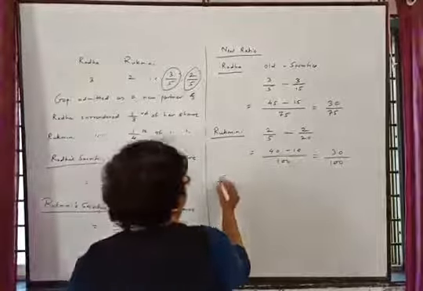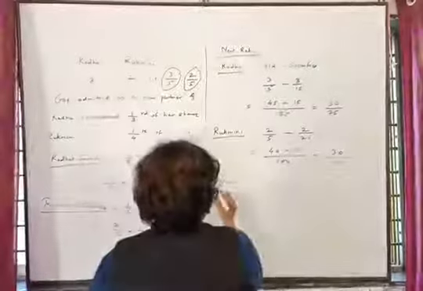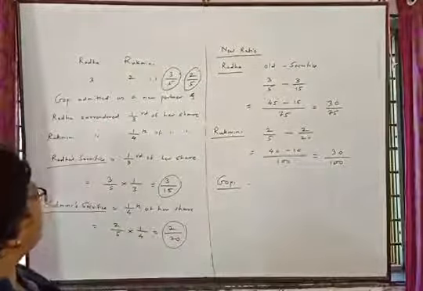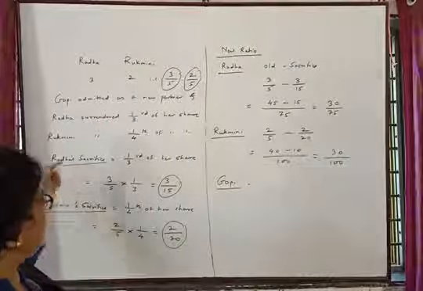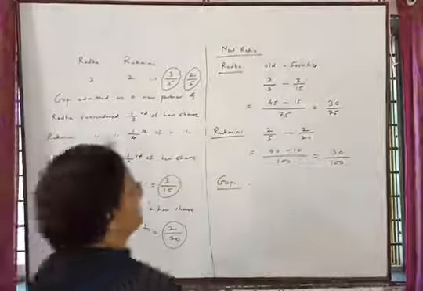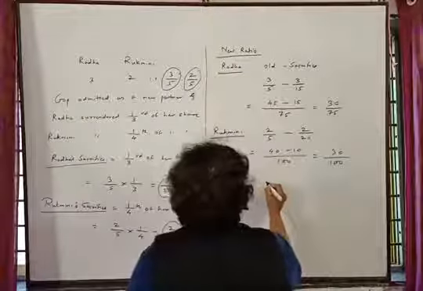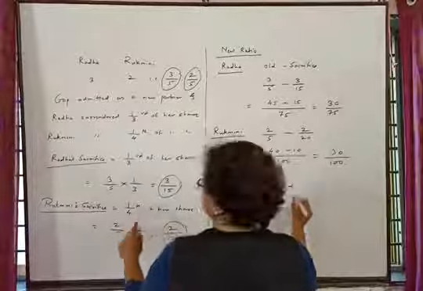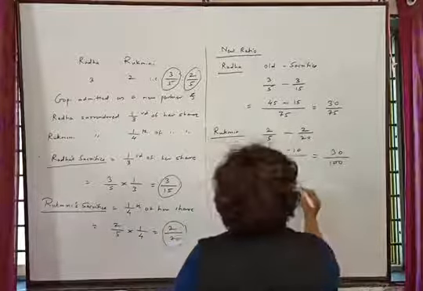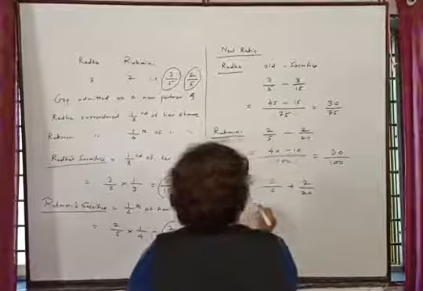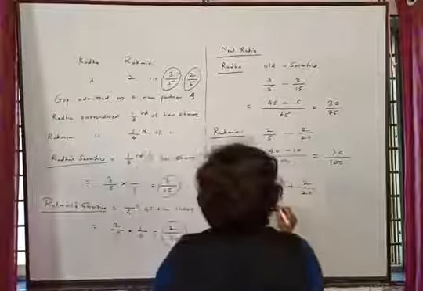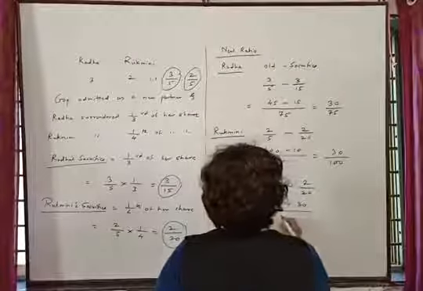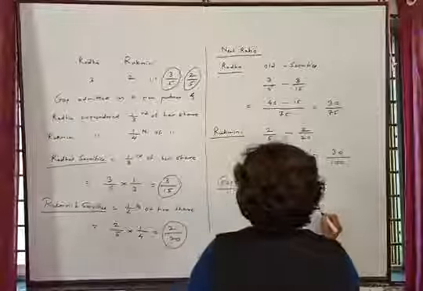Now Gopi, the new partner, Gopi's new share means new ratio will be addition of Radha's sacrifice and Rukmini's sacrifice. So Radha's sacrifice 3 upon 15 plus Rukmini's sacrifice 2 upon 20 is equal to 60 plus 30 divided by 300.